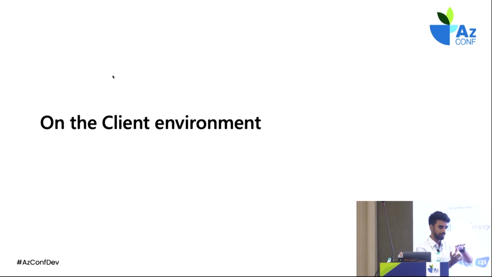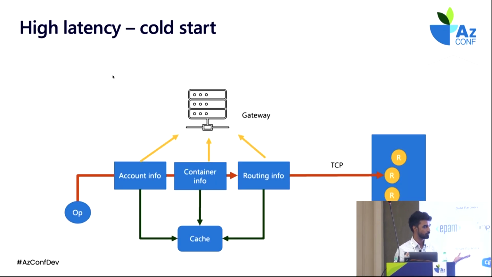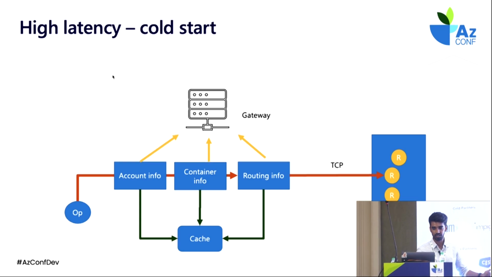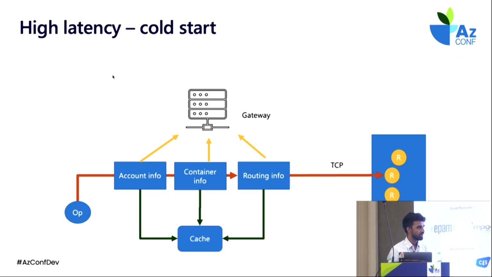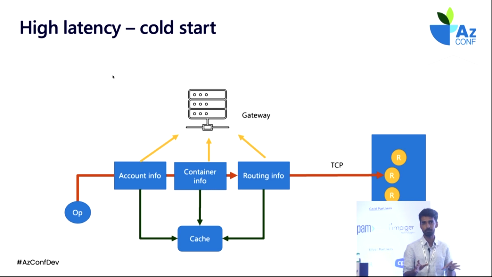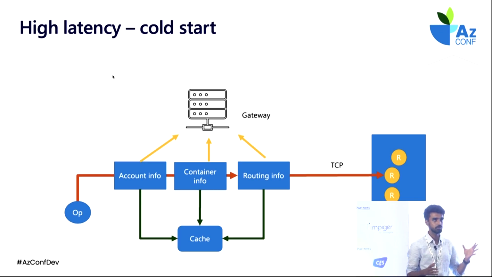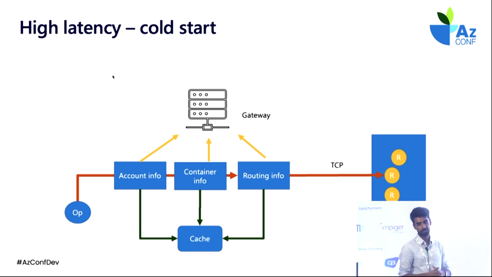So the issue can be on the client as well as on the server, right? If it's on the client, this is what we spoke about. The first thing could be the cold start. So how do we avoid cold start? One of the suggestions is to issue a dummy request when you start the application, so that the request has already been sent and when you issue your first actual request, it won't take time.